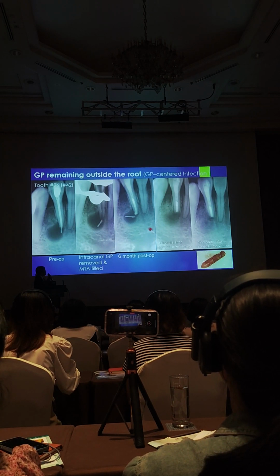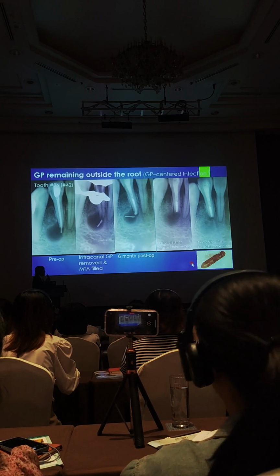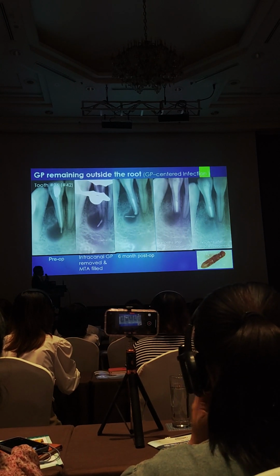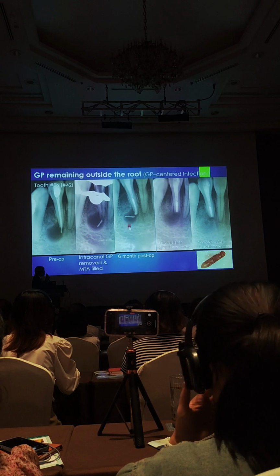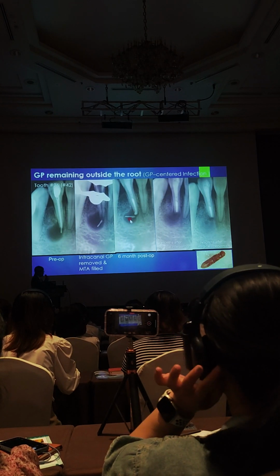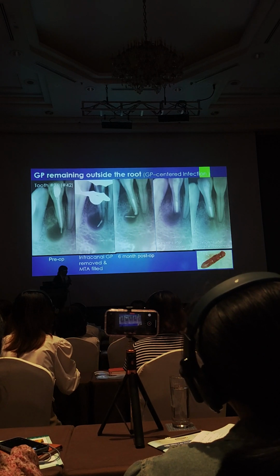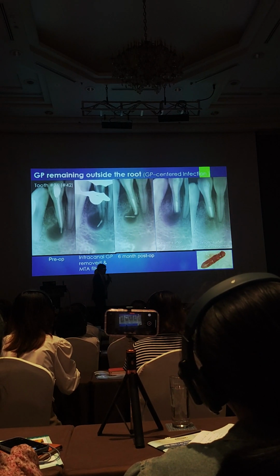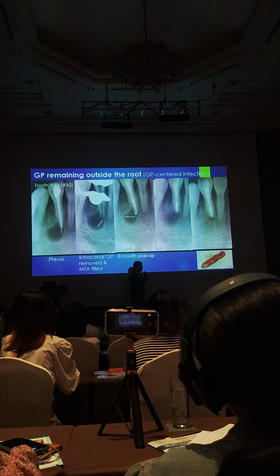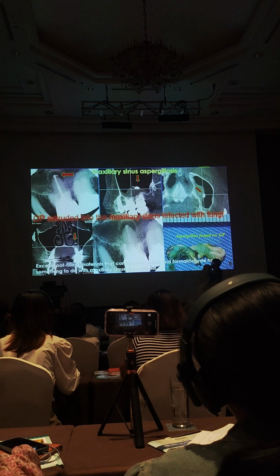I took it out without touching the root canal, and this is 3 months after the surgery. This is 1 year after the surgery. Now you see the healing. So gutta-percha itself was responsible for the persistent apical periodontitis in this case. Gutta-percha can be easily contaminated, carrying biofilms on the surface. So don't use gutta-percha in retreatment. I keep telling you this, very important.